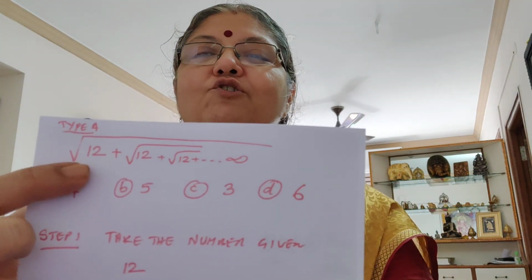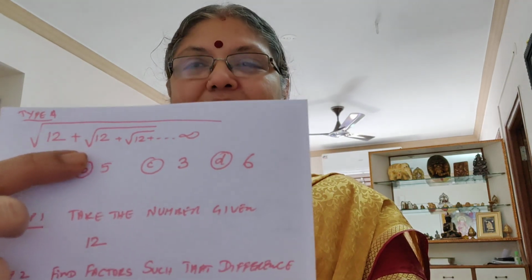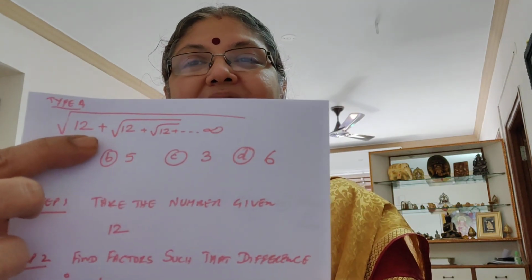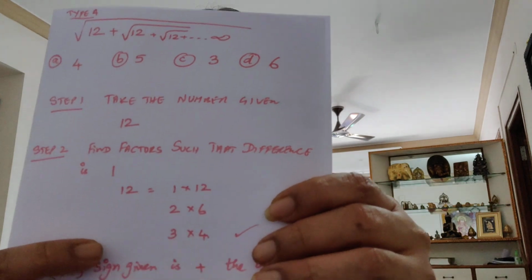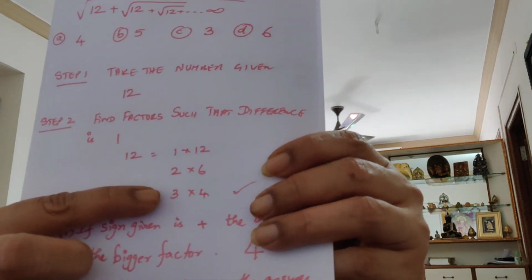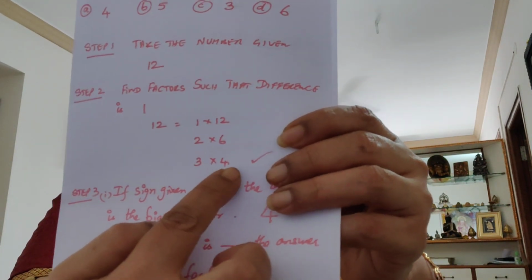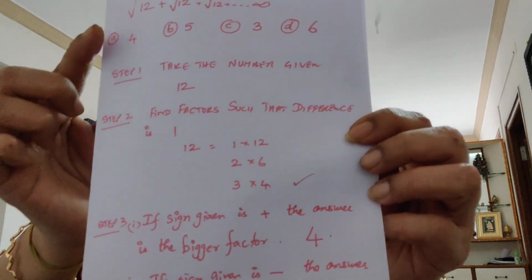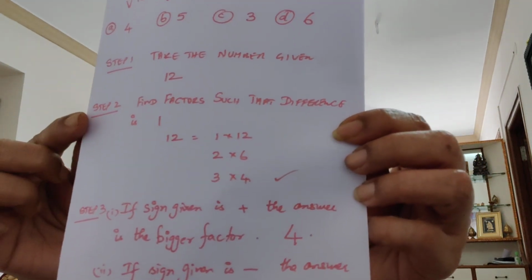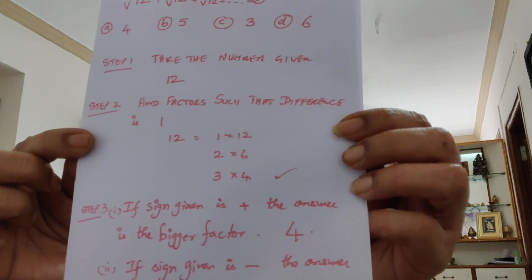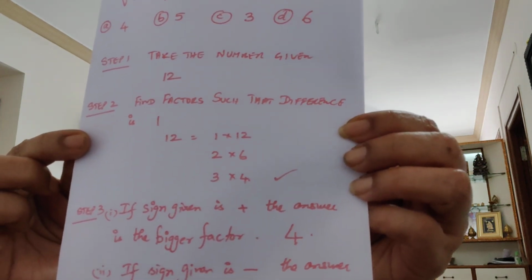Very simple. Once you have identified this, all that you have to do is look at the question once again. If the question has got root of 12 plus root 12, you have the plus sign, then of the set of factors that you have found out now, which is 3 and 4, you have to choose the biggest number. As I told you, step 1 was look at the number. Step 2 is identify the factors and find out the pair which has the difference of 1.